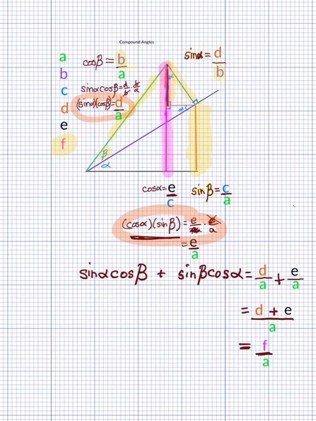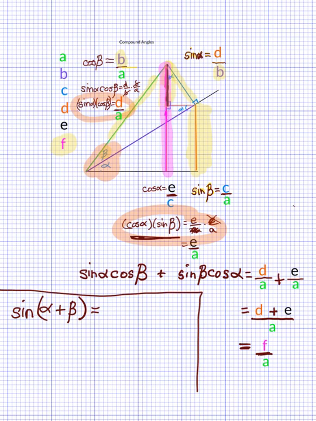All right, there's one more thing I want you to see. What if I did the sine of this whole angle, a plus b, like the sine of this large angle here? What would that equal? Well, sine is just going to be the opposite, so it's this pink line over the hypotenuse, so the pink over the green.